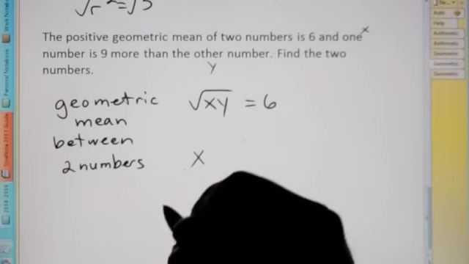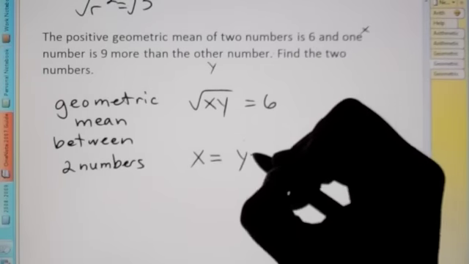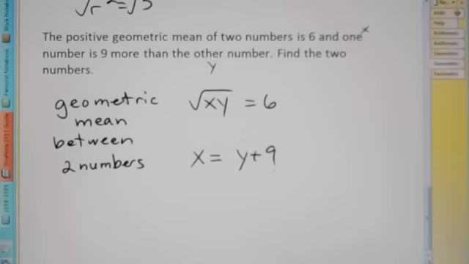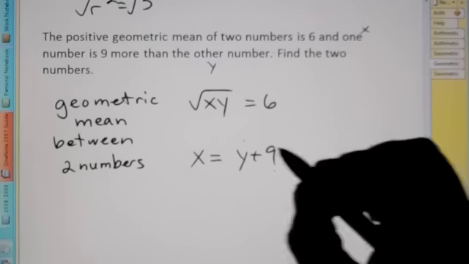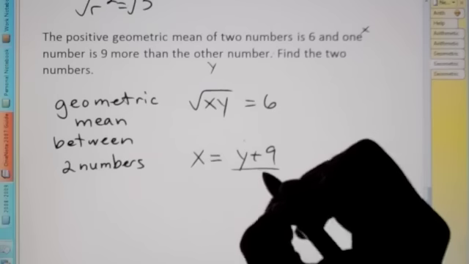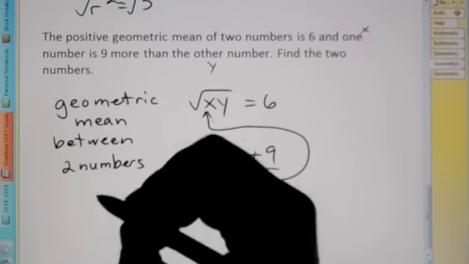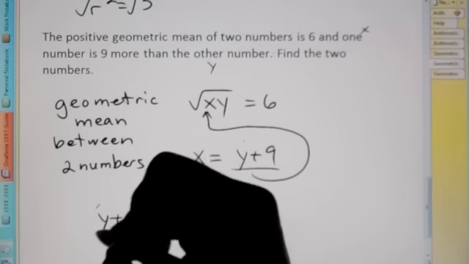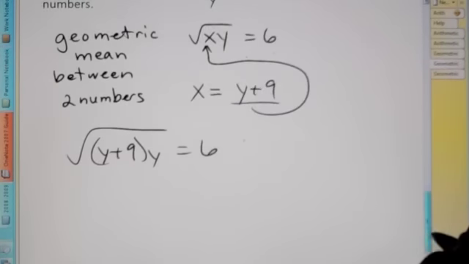So one number x is 9 more than the other. Find the two numbers. And just like we did with the arithmetic sequence, when we did the arithmetic mean between two numbers, we're going to substitute that in for x. So now we have the square root of y plus 9 times y is equal to 6.